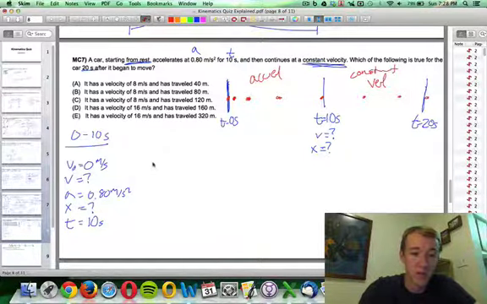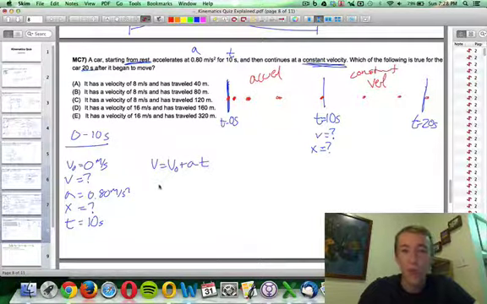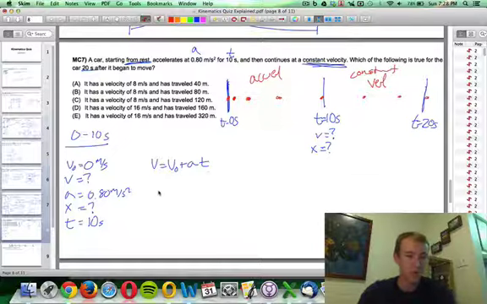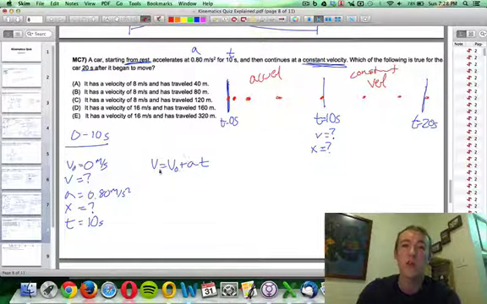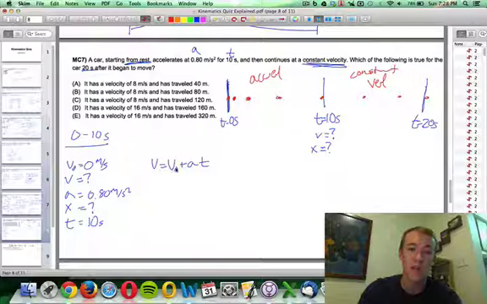What's my easiest way to do this? For velocity, the first equation. How do I know which equation to use? All of these kinematic equations, these first three, have 4 variables, and if you want to know one of them, you need to know the other 3. So I look at this equation and I say to myself, I'm looking for final velocity. Do I know these other 3? Yes.